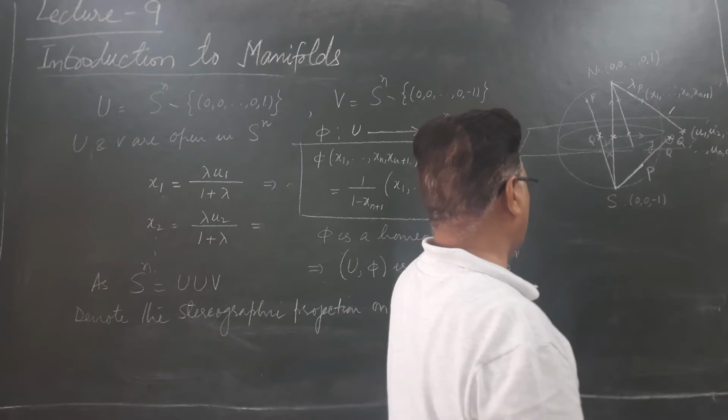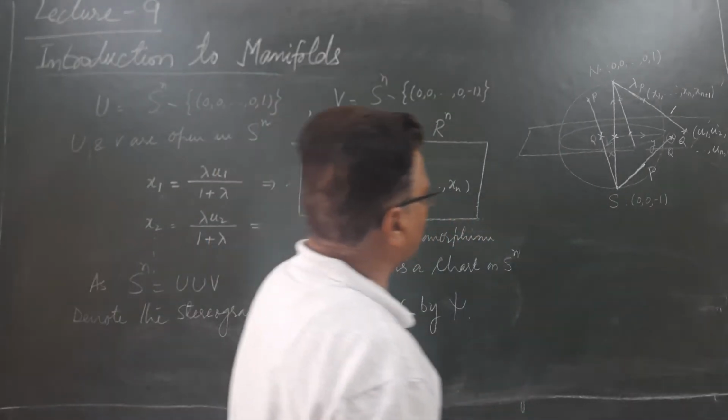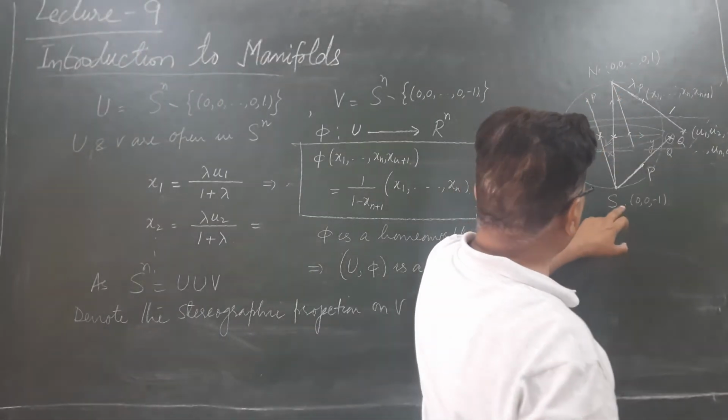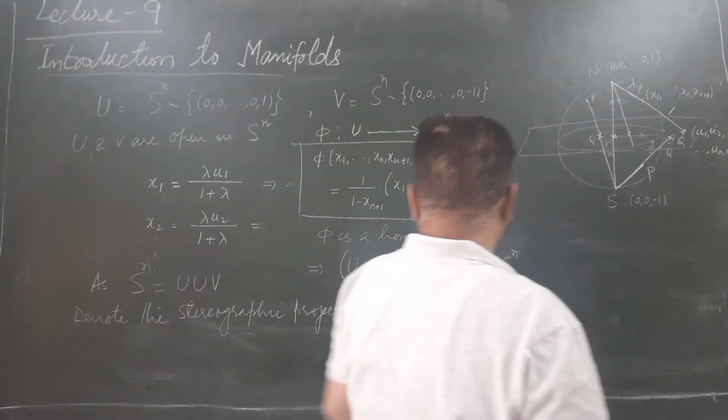Okay, in the same manner, the definition will come out to be, once again you can see that the image of the north pole under this psi will be the origin 0, 0, 0.